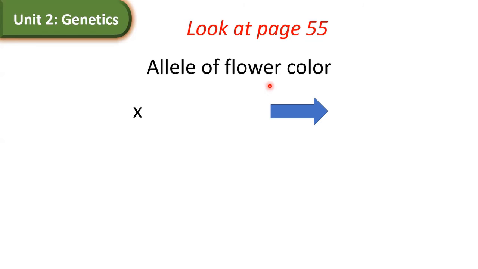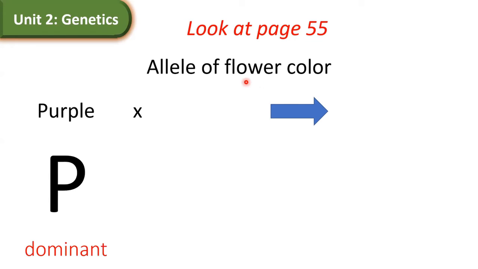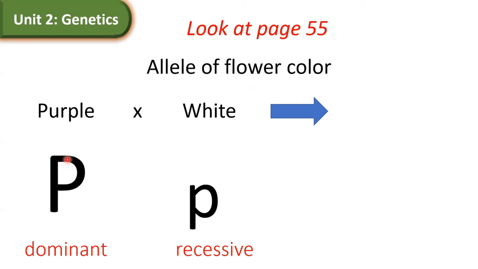The dominant trait is purple, so you write it with a big letter. The second allele is white, which is recessive, so you represent it with a small letter.